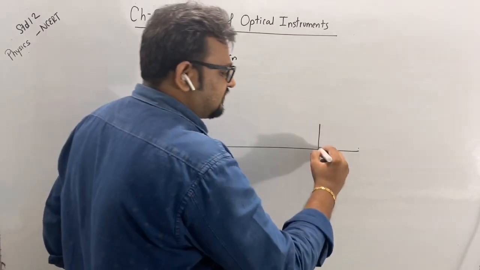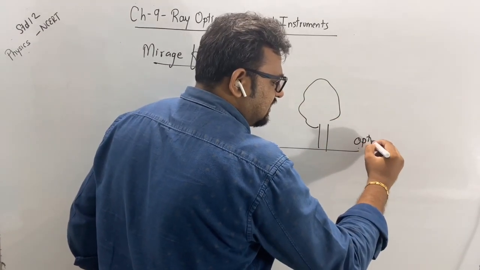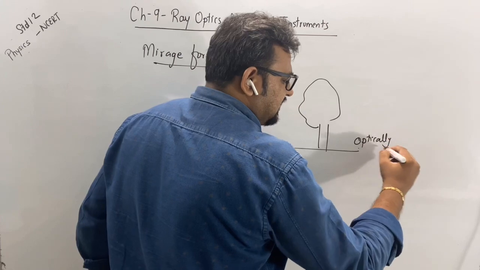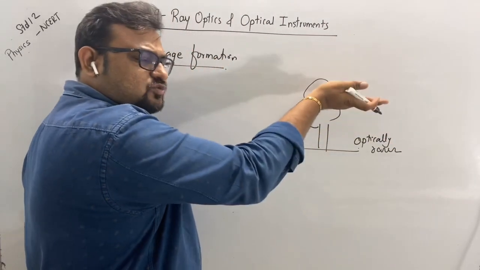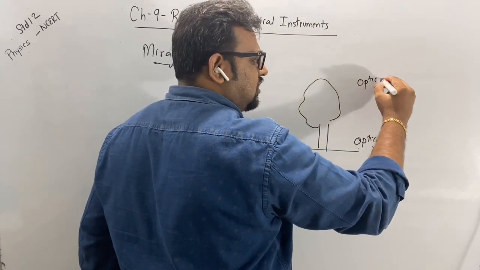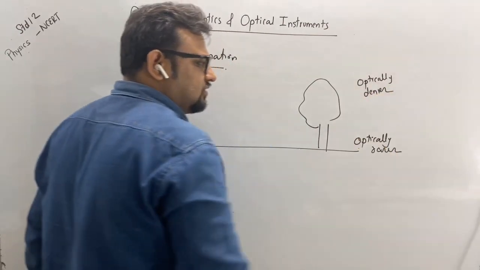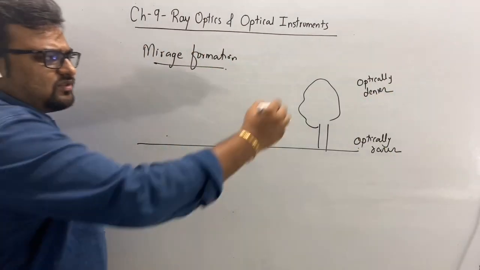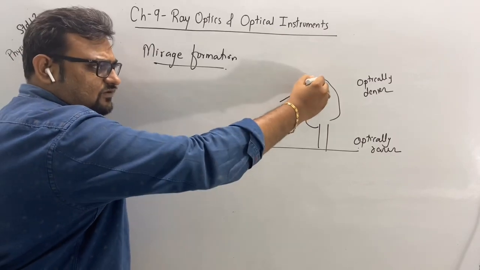Okay, if there is a tree, see, this region will be optically rarer, and the top region, as you move away, will be cold air, so that will be optically denser.